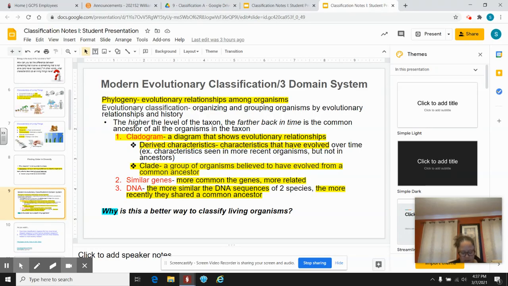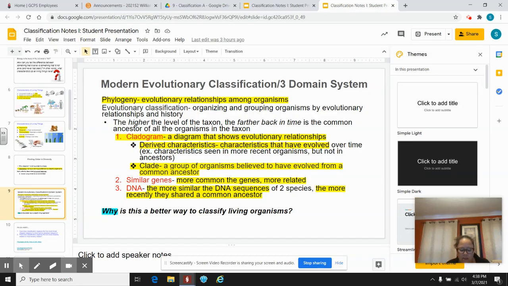So modern classification studies and systems use the DNA, the genes of organisms, to determine how much DNA and how many of the sequences are in common. So the more DNA you have in common, the more related something is. And also, the more DNA you have in common, the more recently related something is.